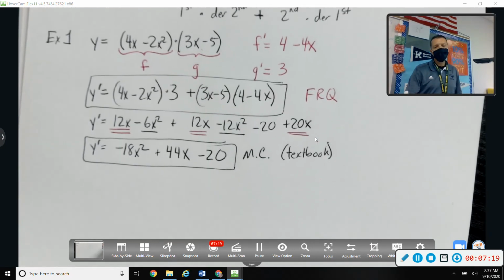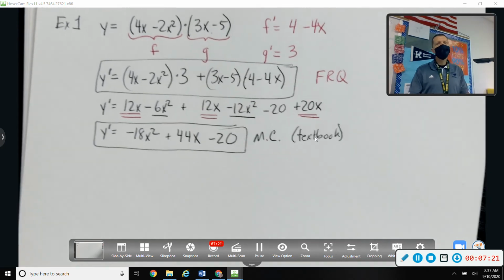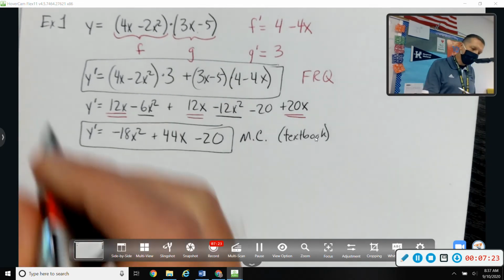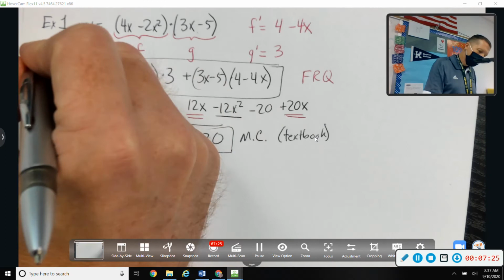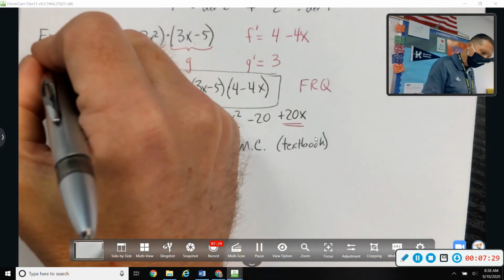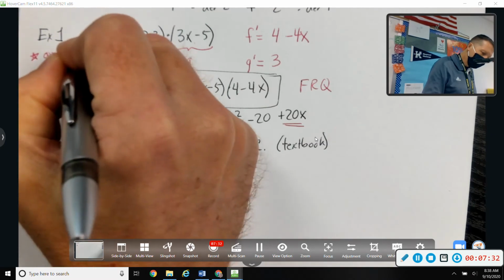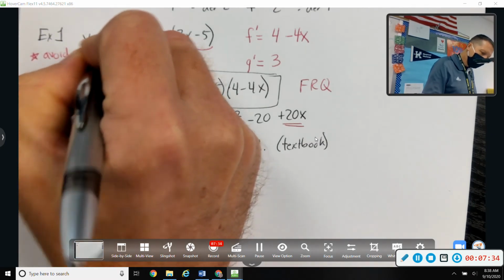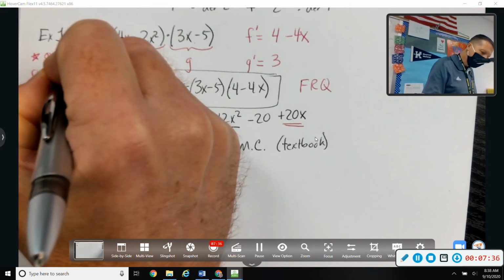By the way, on some problems, you can avoid the product rule. So on this one, we could have avoided the product rule by foiling first.